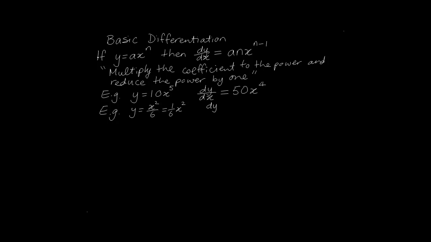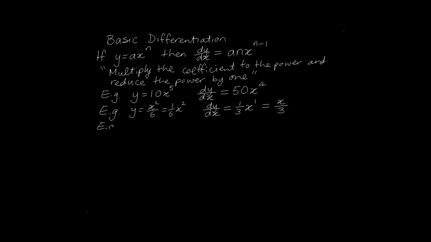To get the gradient function, dy/dx, we multiply the 2 and the 1/6, giving me 1/3, then reduce the power by 1, which is x to the power of 1 here, and because x to the power of 1 is really just x, I can write this more simply as x over 3.